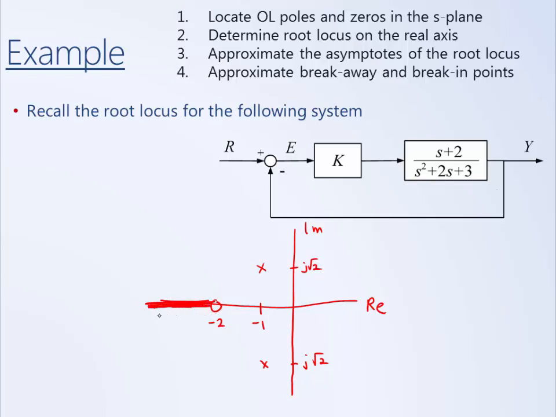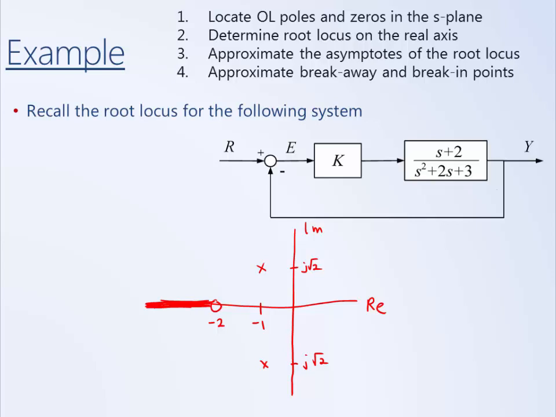And I'll explain subsequently how to determine that. So if you were to sub in points on the real axis over here into our angle condition or our magnitude condition, they wouldn't satisfy those relationships. However, if you picked a point over here, such as -3, it turns out there would be a value of k between 0 and infinity that satisfies the angle condition and the magnitude condition.